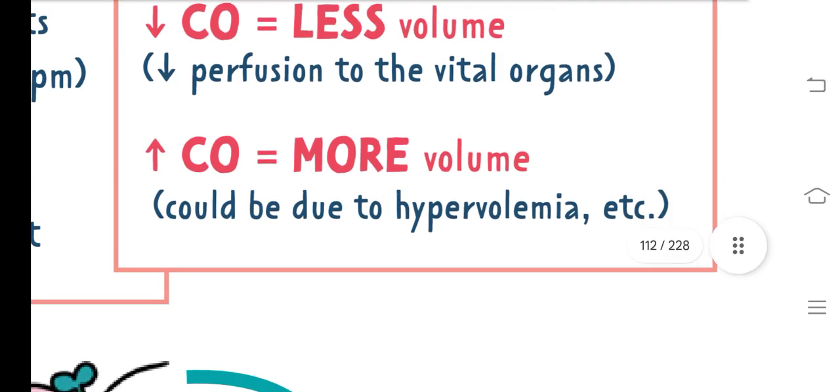Or if we have increased cardiac output, it means we have more volume, and it could be due to hypervolemia, because if there is more fluid in the body, then there could be increased cardiac output, which ultimately causes more volume and more blood to perfuse all parts of the body.